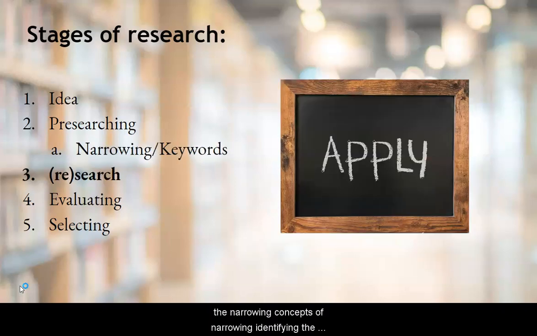Third, we have to take the pre-search concepts of narrowing, identifying the populations or the treatment, and those various alternative keywords and the information that we glean through that pre-searching process, and apply it to our particular databases. In this class, you'll be predominantly using a database called PsycInfo, and we'll get to that in a later tutorial.